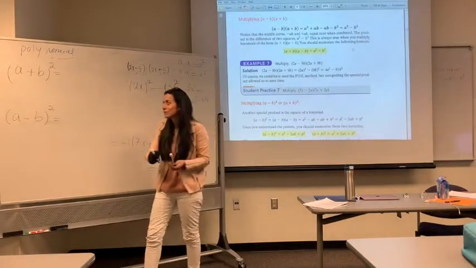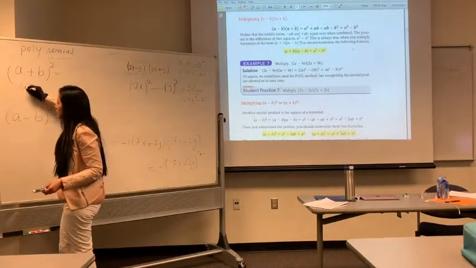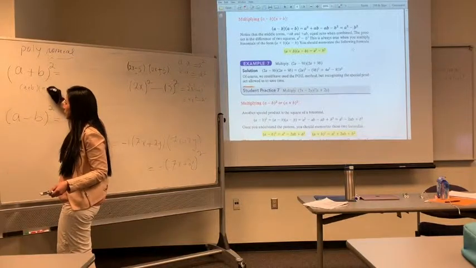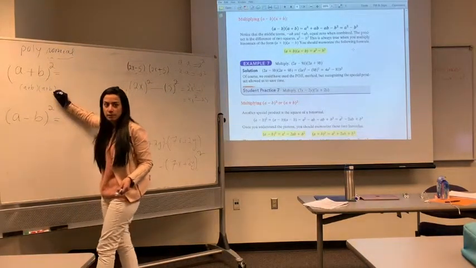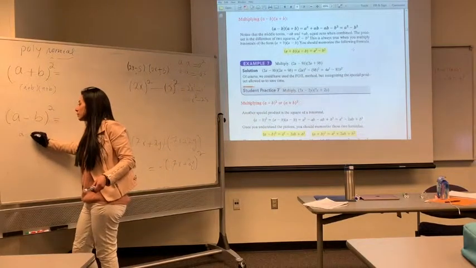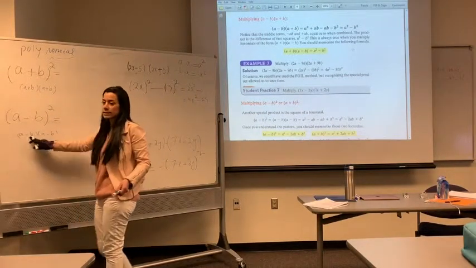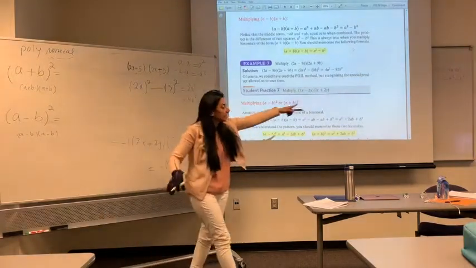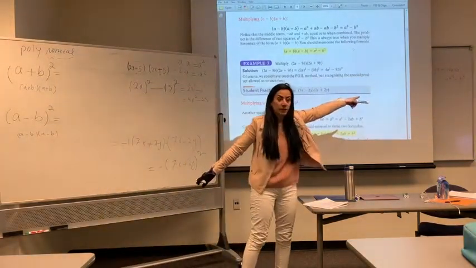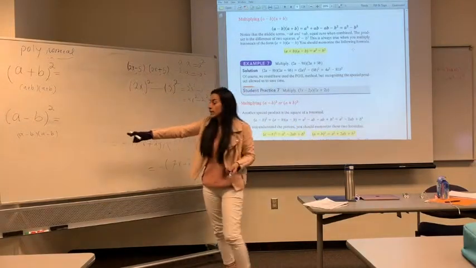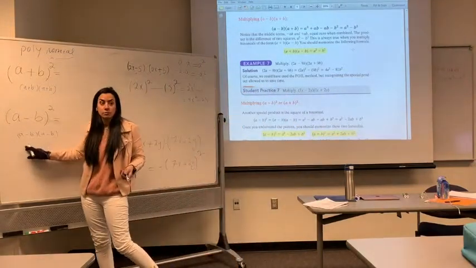So what was this? This was a plus b multiplied by the same thing, right? And then this was a minus b multiplied by the exact same thing. So the signs are the same. In the previous formula that I showed you, the signs were different, right? But these are exactly the same.